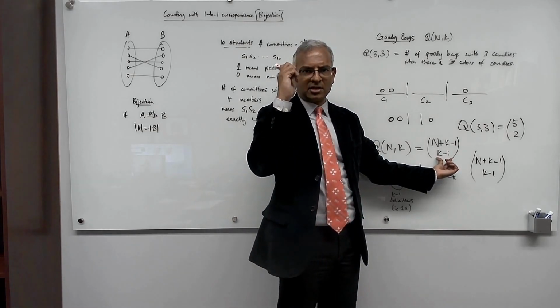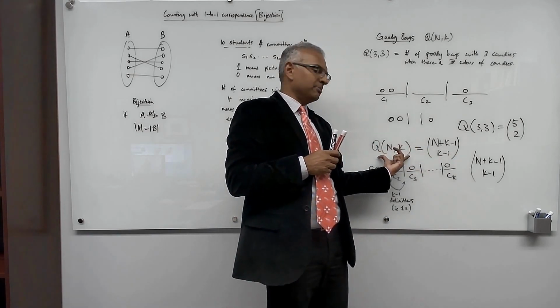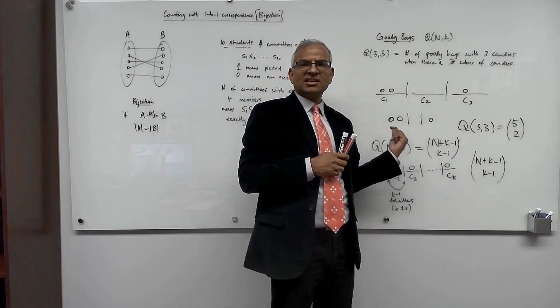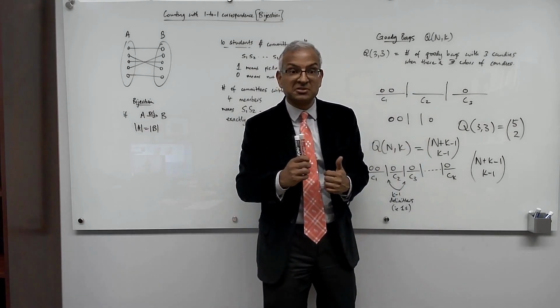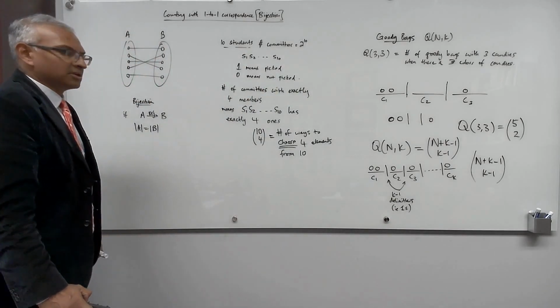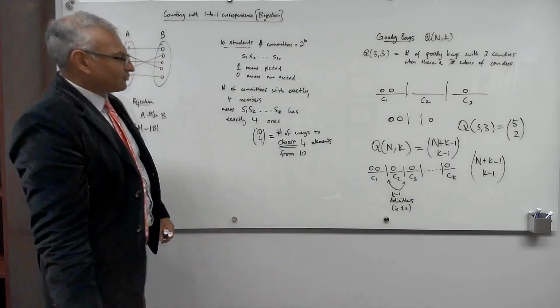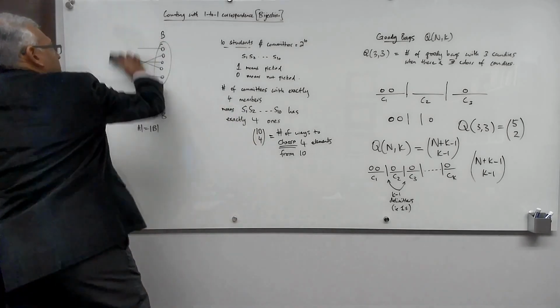Now you can go and check Pascal's triangle and the build-up counting table that we built for this and verify this equality. You'll be stunned. Goodie bags, binary sequences, Pascal's triangle, they're all related. Okay, so let's erase. I'll give you a couple of problems, and then we'll talk about permutations and combinations.